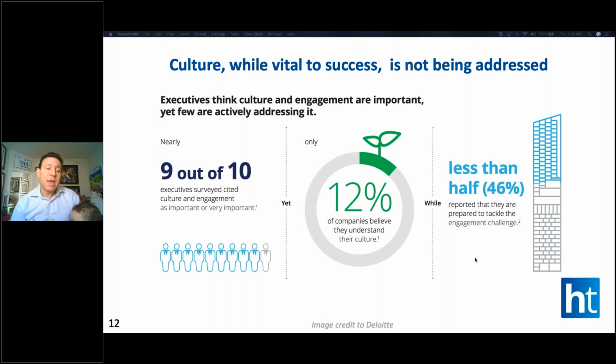Part of the problem is that people have not applied technology. In the first poll today, I took the numbers down. Engagement was 32%, turnover was 19%, performance was 14%, and sourcing and hiring was 28%. It's interesting, only 8% of you said HR technology.